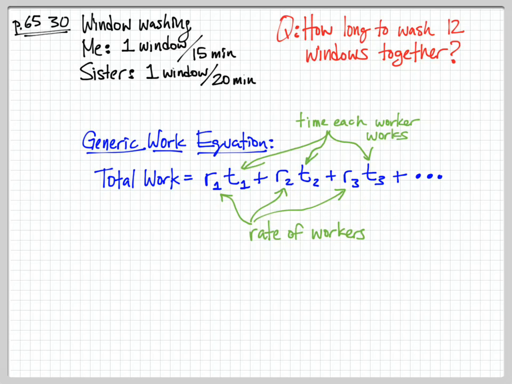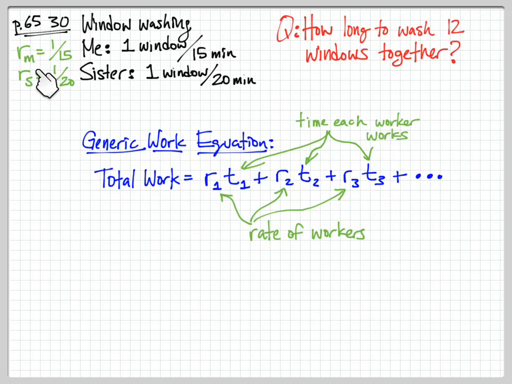Okay, so now we've talked about the generic work equation. Let's look how it applies to this very specific problem. So in this problem, my rate is 1/15th. My sister's rate is 1/20th. Notice how I use kind of convenient lettering mnemonics when I define my variables.